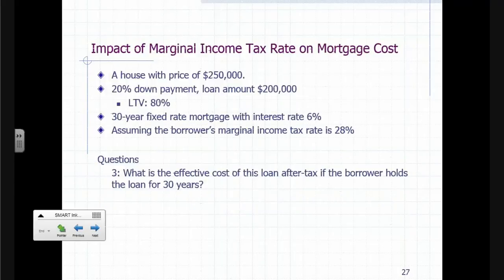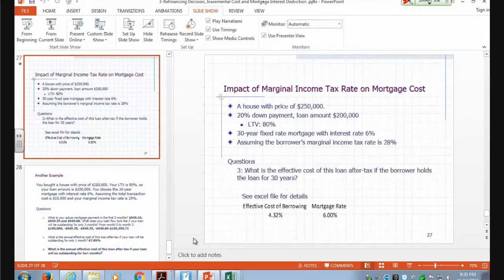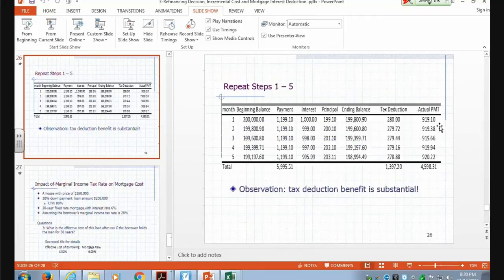Okay, so now listen. For this type of problem we have to use Excel, because if you use a financial calculator, every month the actual payment is different.